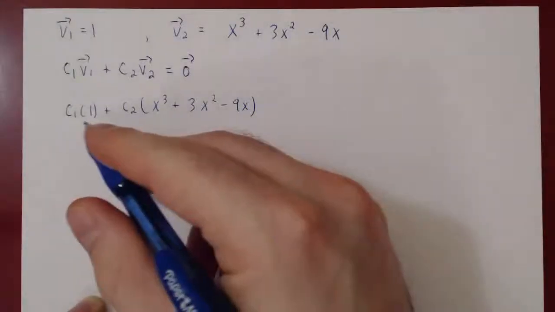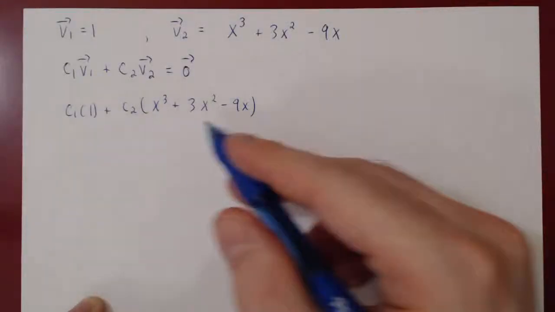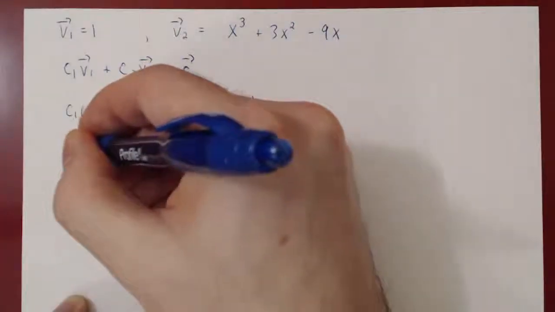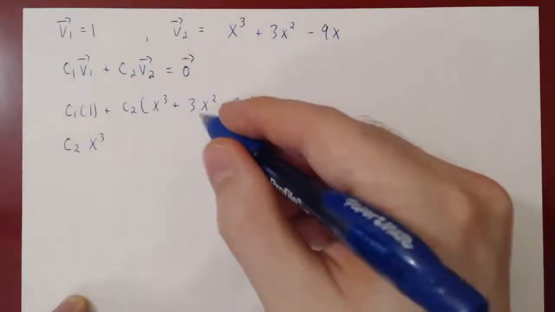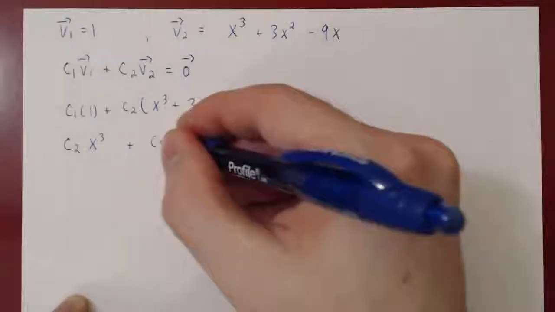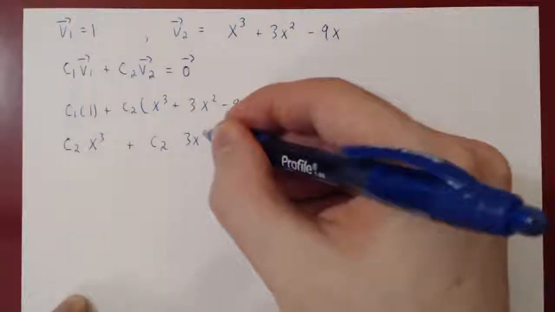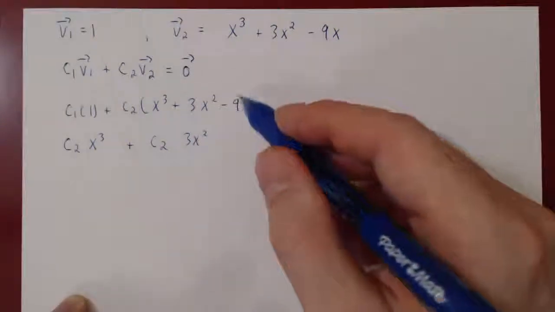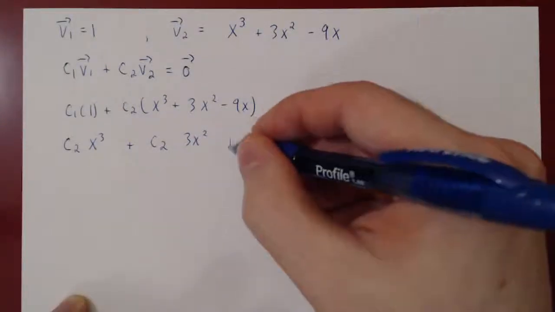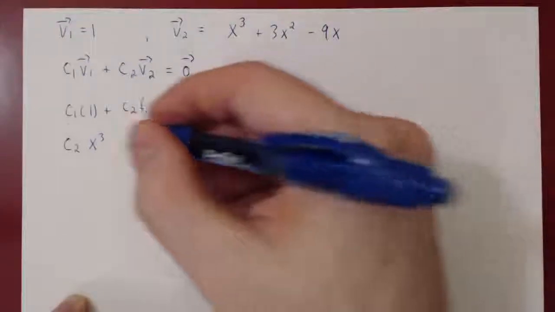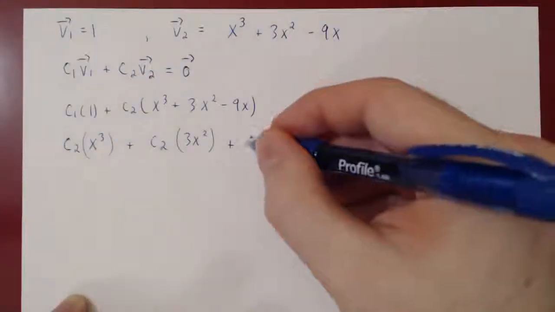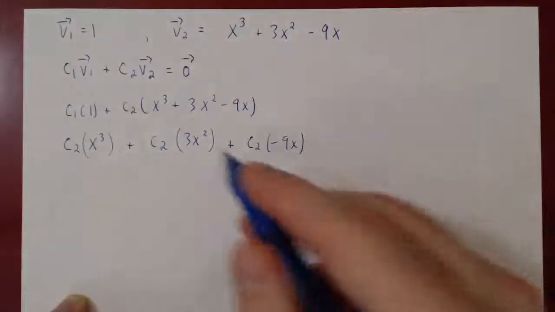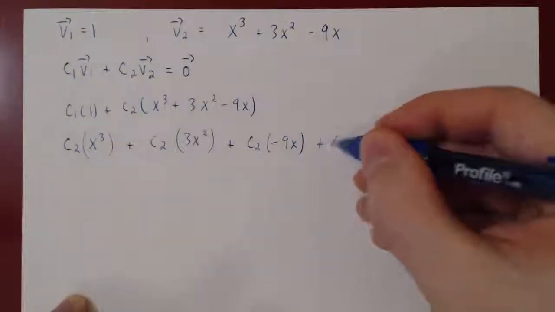If you multiply out and rewrite in canonical form of a polynomial, you will get c2 times x cubed plus c2 times 3x squared plus c2 times negative 9x, and finally the constant term plus c1.